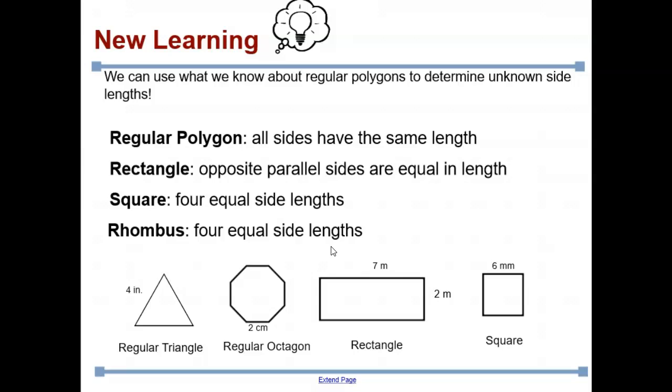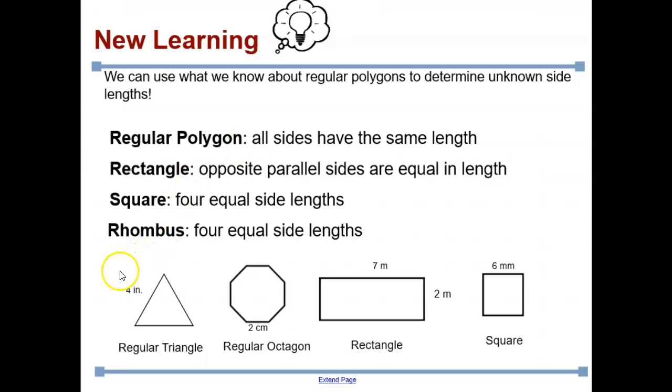We're going to use this information to help us determine side lengths today of any polygon, or any regular polygon, that is. So I know if this is a regular triangle, that means that all of its sides are equal lengths because any regular polygon has all sides that are the same length.